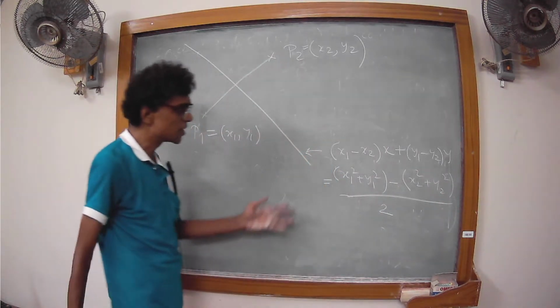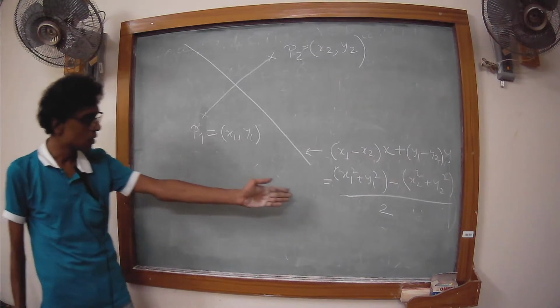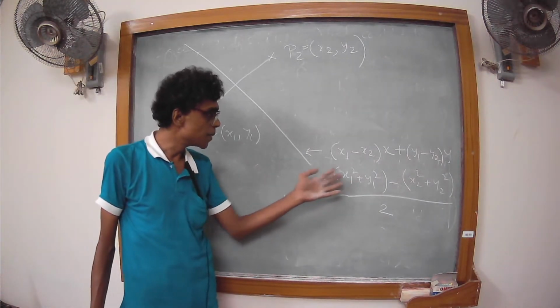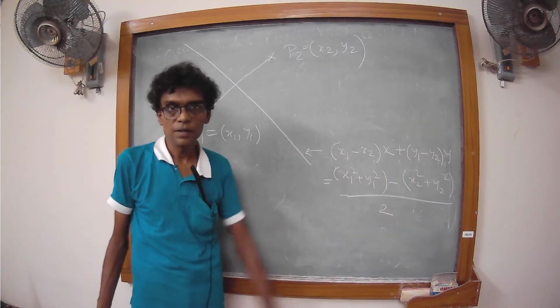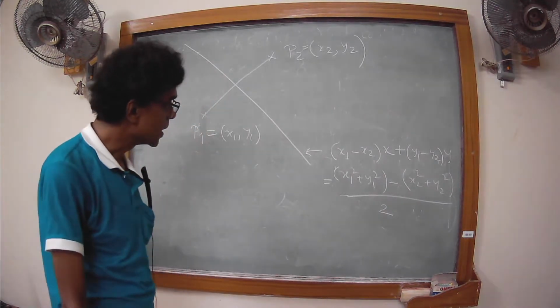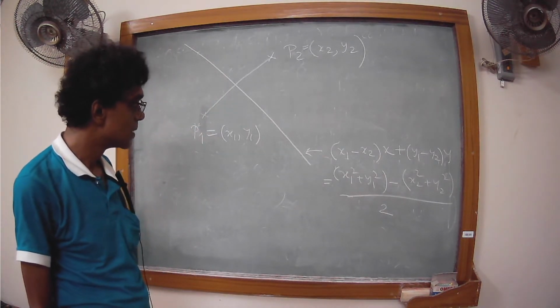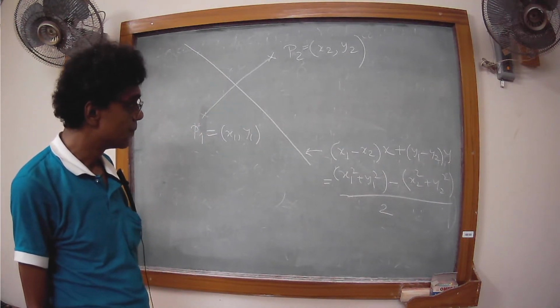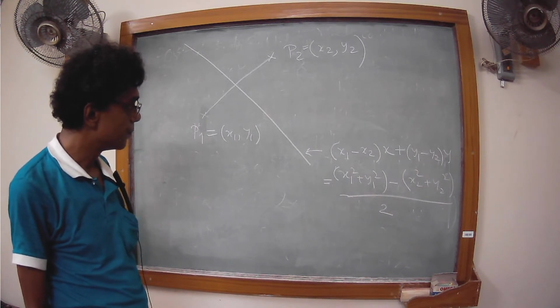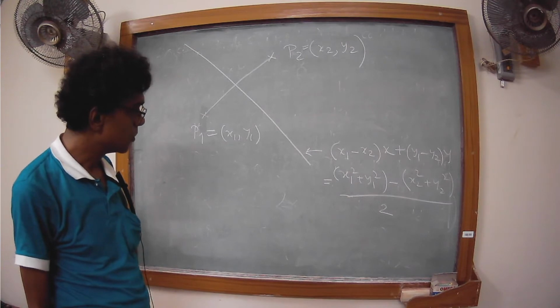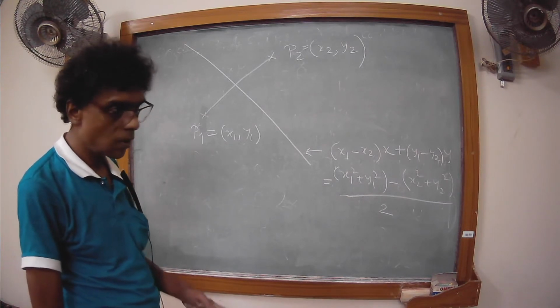Okay, so just check from any book or anywhere. This may be this or the negative of this. Which one is correct? I do not fully remember, and I am also not very sure.